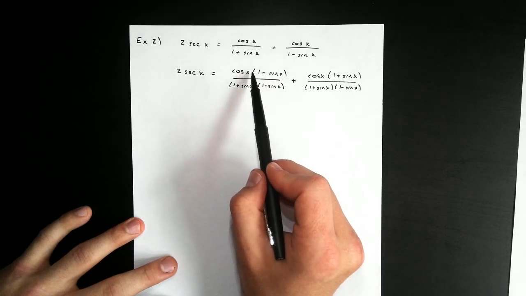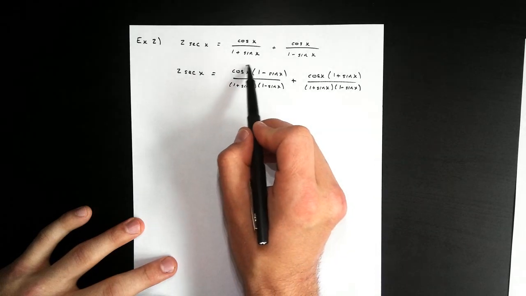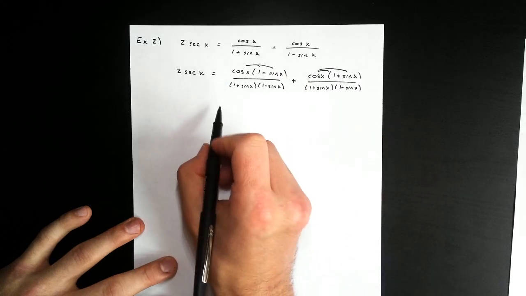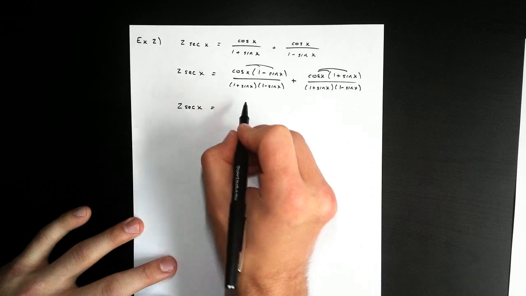I'm going to do a little bit of simplifying here. I'm going to distribute the cosine of x for both of these fractions. So 2 secant, that's staying the same.